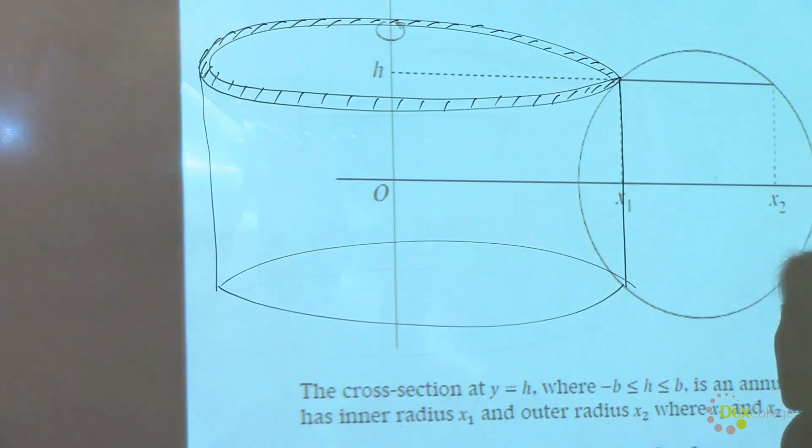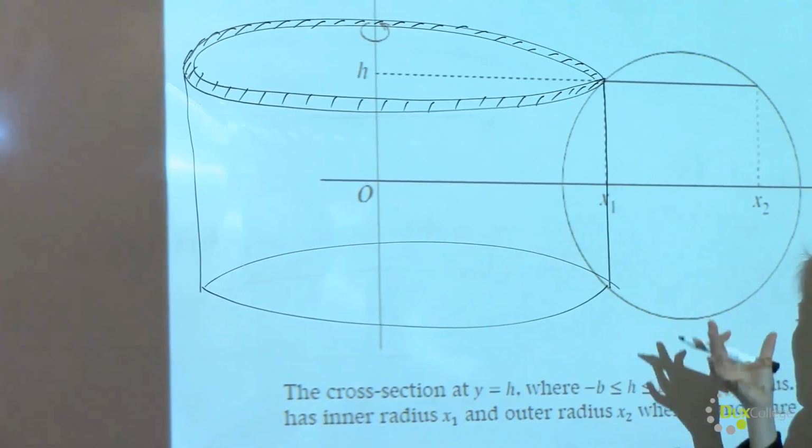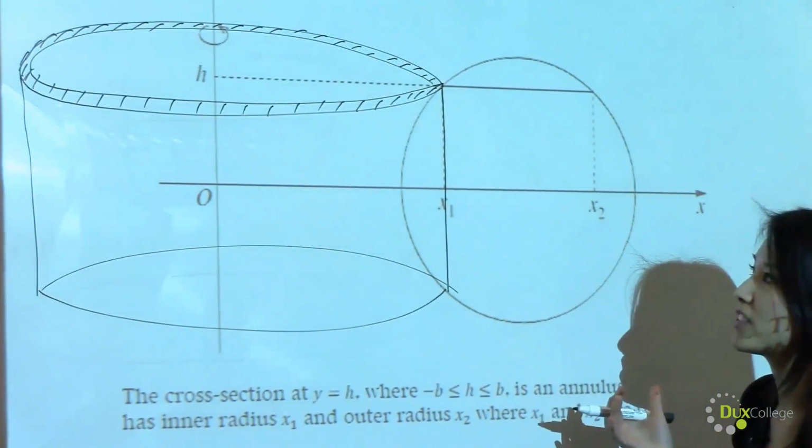Okay, so form a cylinder, and we are adding up all of the cylinders to find the volume of the torus.